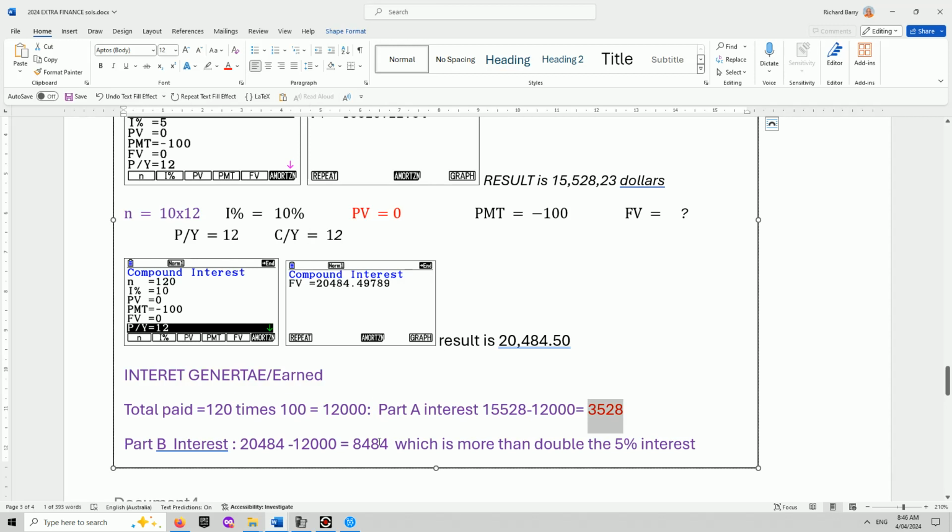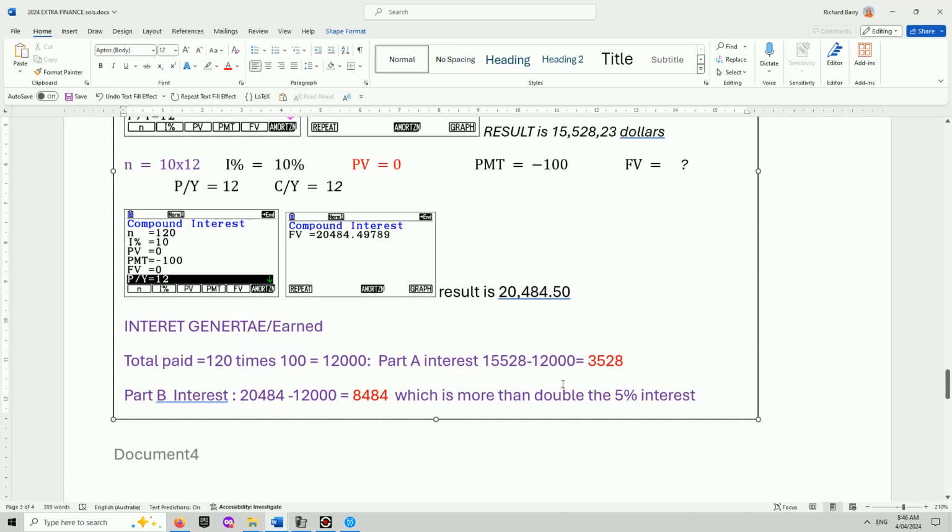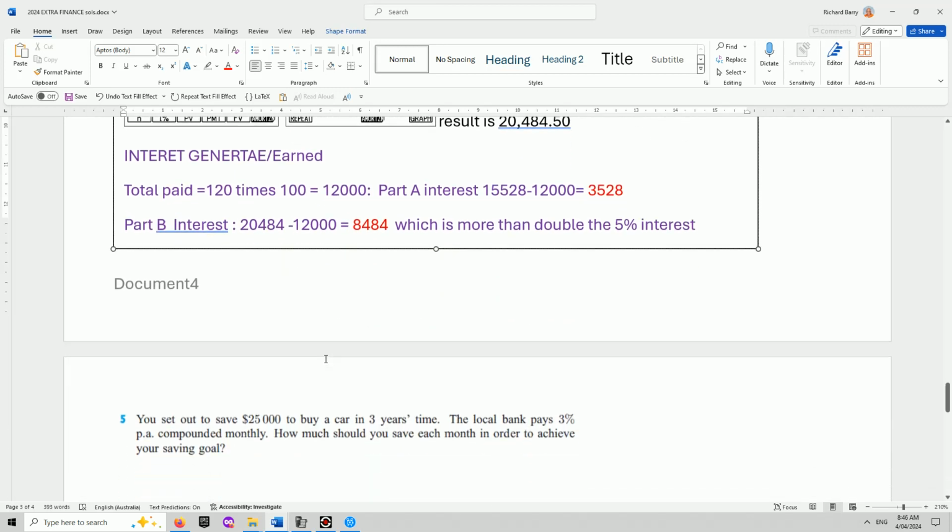Notice the other number didn't double because the majority of that is the money the person's putting away and saving. Okay, you can see how you can start to use this in year 12.